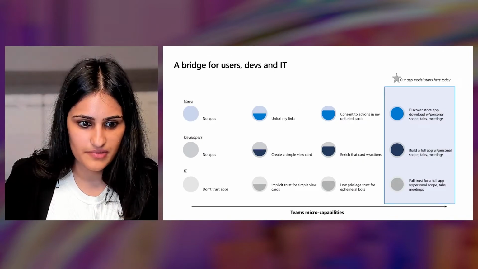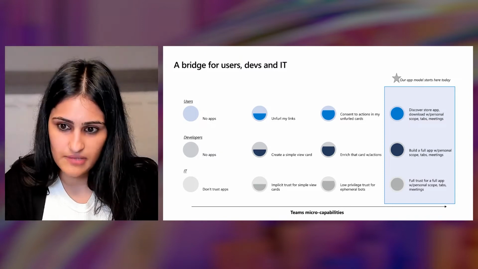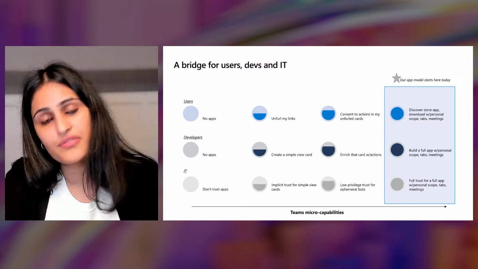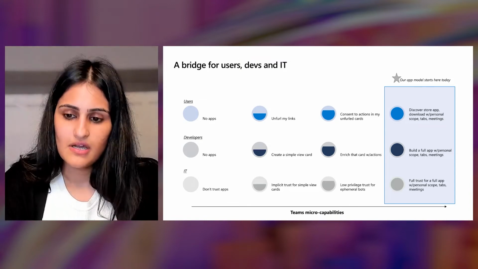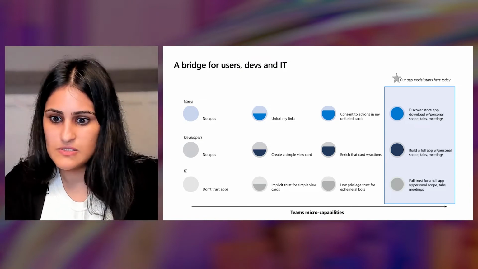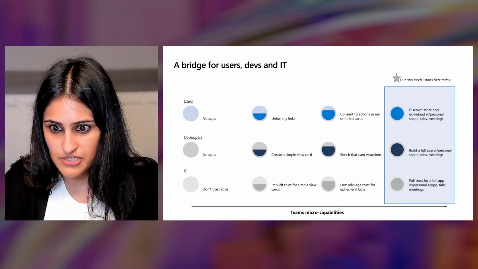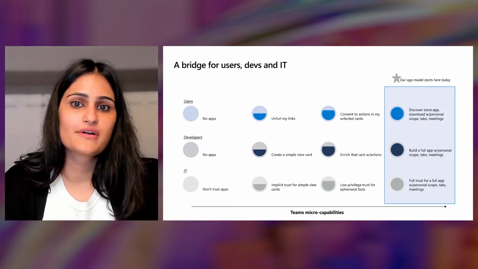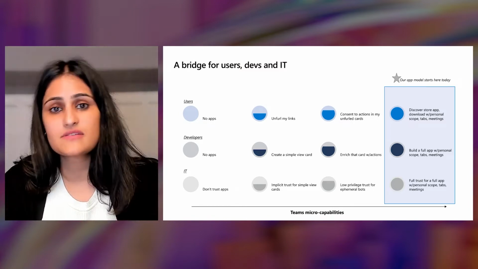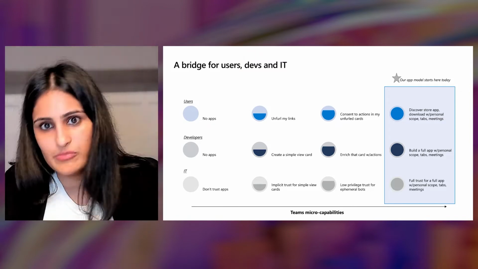So we took a leaf from this, and we reevaluated what our app model looks like today. For our 3 main personas, users, developers, and IT admins, our app model today starts from what you see on the rightmost section here, which is users go to the store or to our flyouts inside Teams. They discover an app, download it, and then interact with its different capabilities.